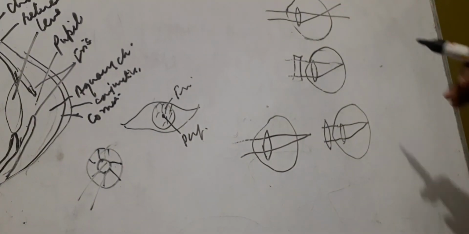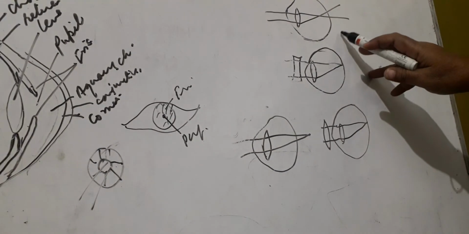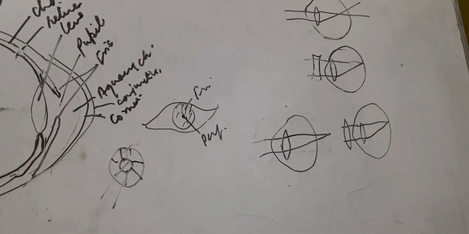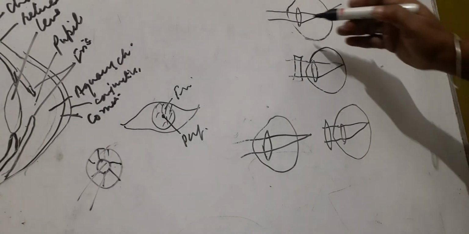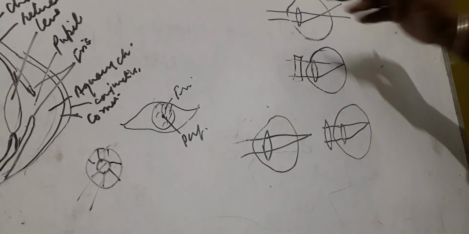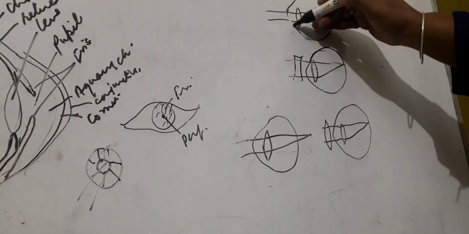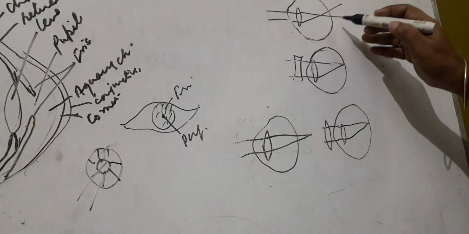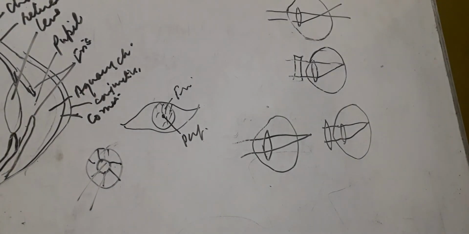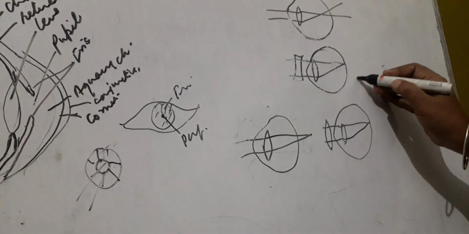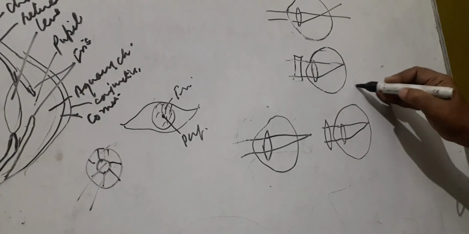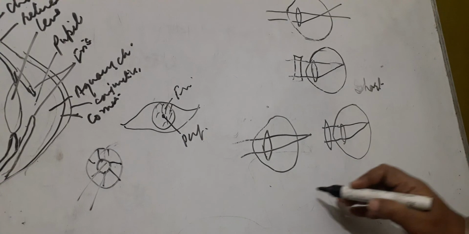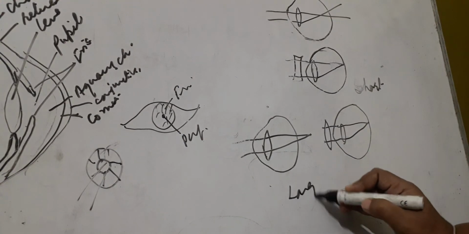As you see in this diagram, one defect is short sightedness, and another is long sightedness.